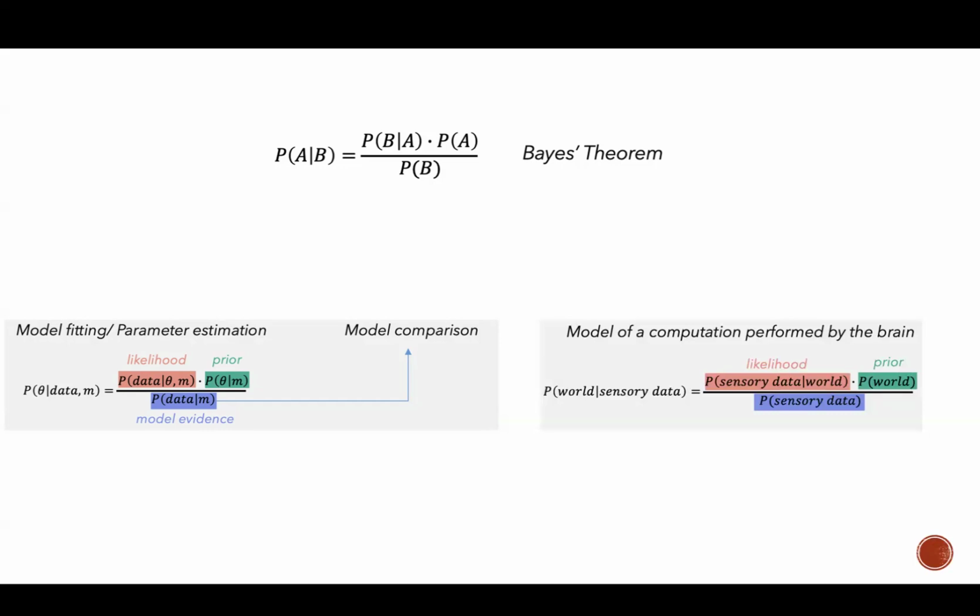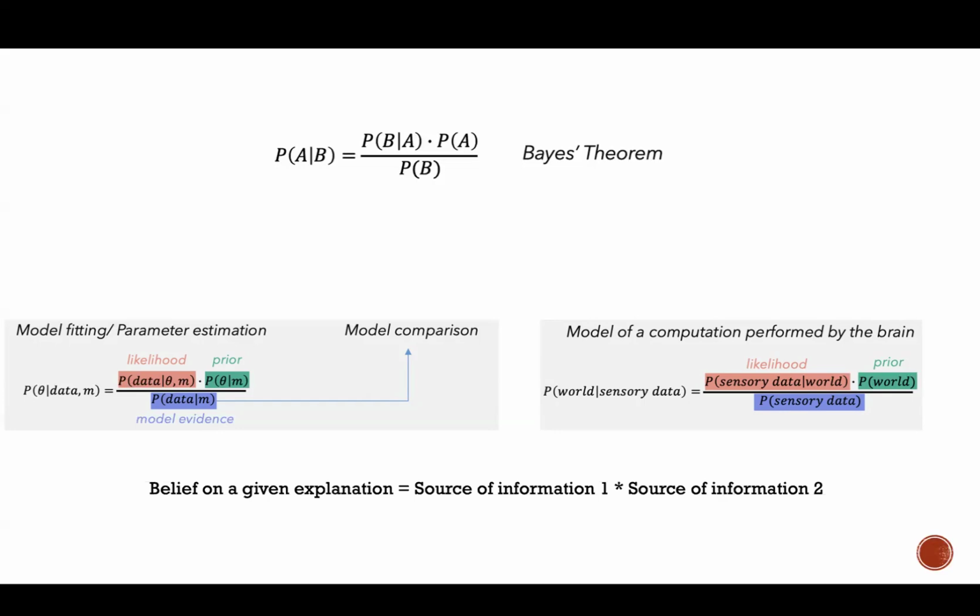However, it is also being used as the model of a computation performed by the brain or the mind. We have the probability of a certain model of the world given the sensory data, and we can explain the kind of perceptions that we have by rationally combining the probability of the sensory data given our theory, the probability of the theory or of the model of the world that we have, and dividing it by the probability of the sensory data.